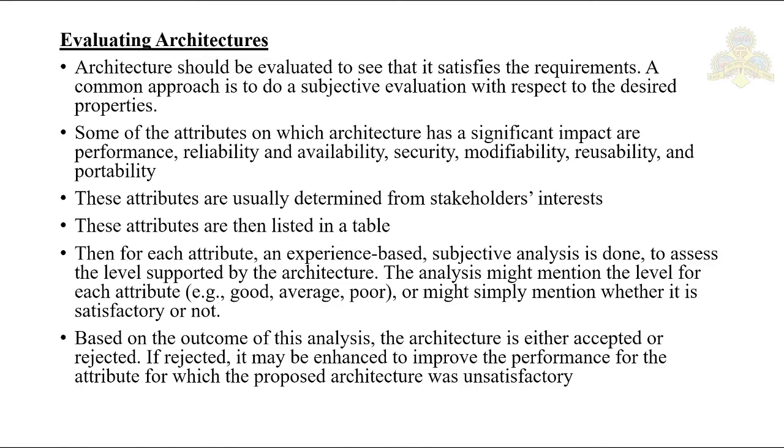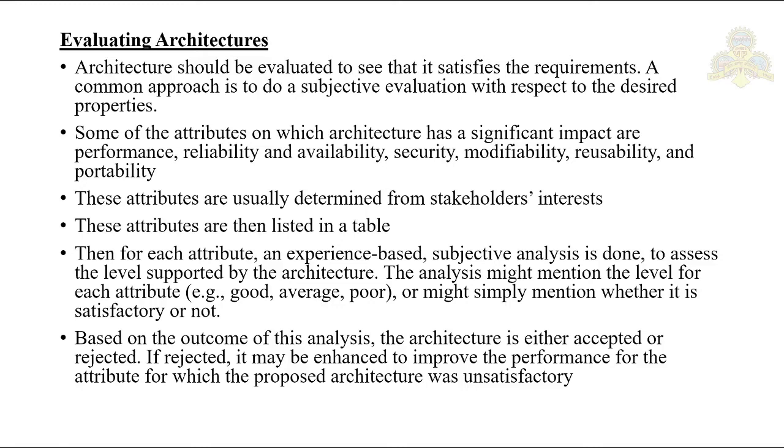Another approach is procedural. It is a sequence of steps that is followed to evaluate the impact of the architecture on some of the attributes. One such informal analysis approach uses the following steps. First, we have to identify the attributes of interest for which the architecture should be evaluated.